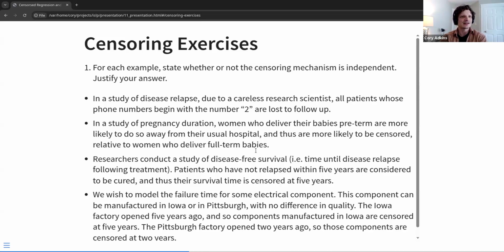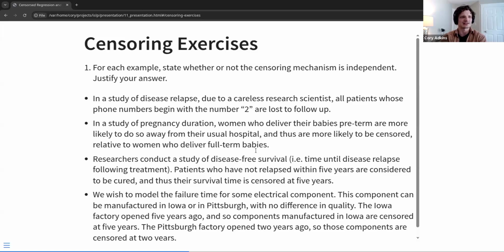I think I want to say yes, because it's applied across the board, the 5 year censorship, regardless of your disease-free state. But I'm not sure if you have any thoughts about that.